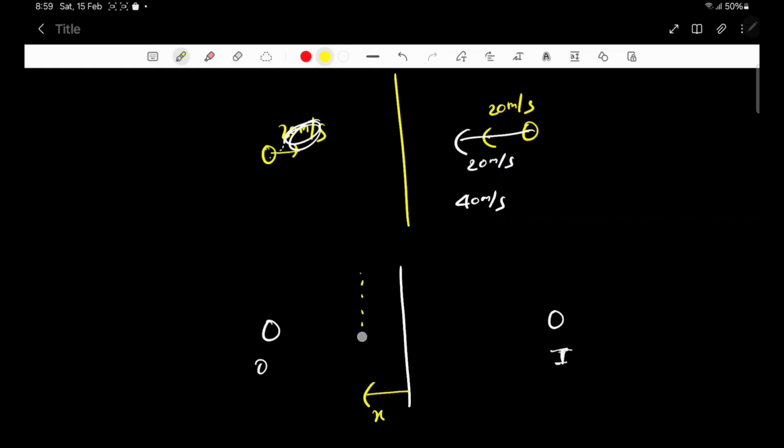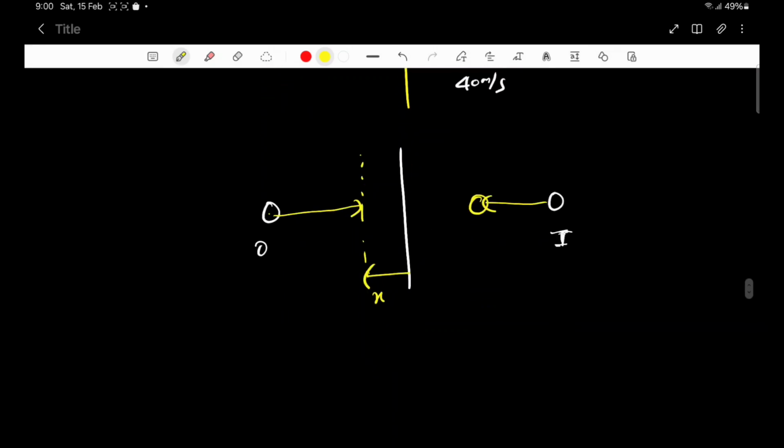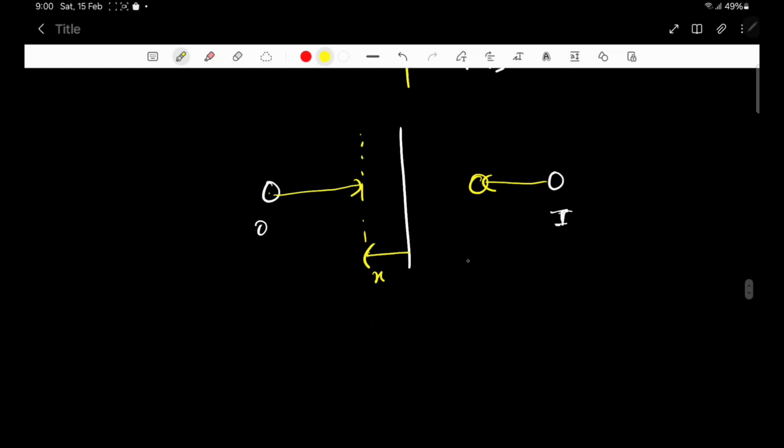If the mirror got displaced over here, now the distance between the mirror and the object got shrunk by the amount of x. Similarly, the image will be displaced by 2x distance. So, if I am moving the mirror by x distance, the image will move by 2x distance.